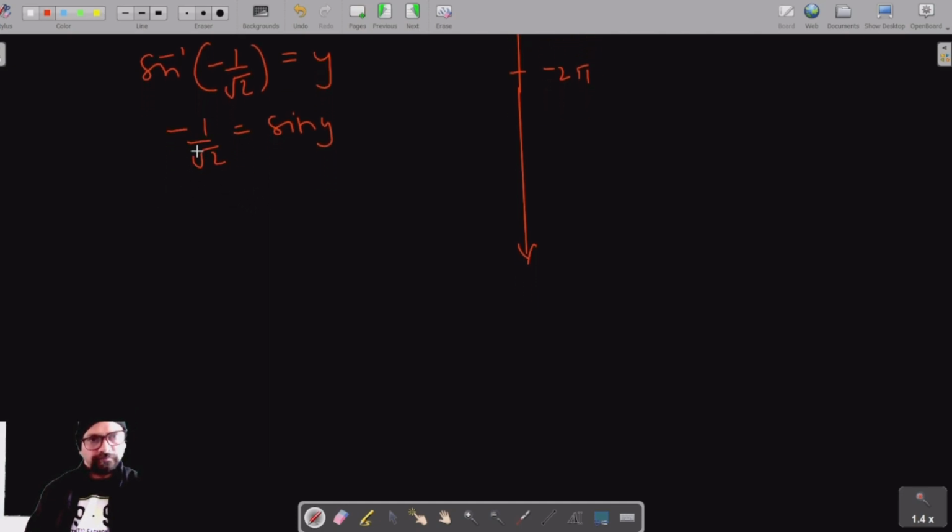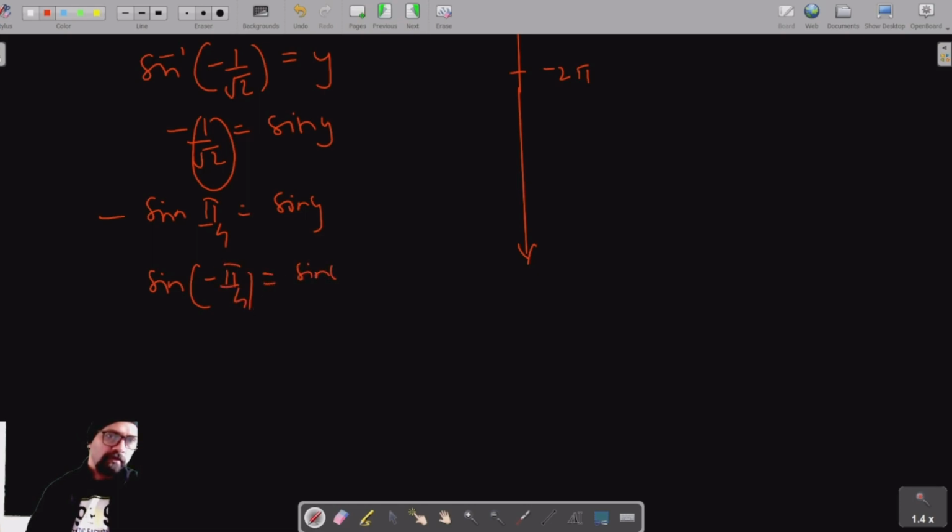And we know that sine is negative, so this is minus sine pi by 4, which is equal to sine y. So this can be written as sine of minus pi by 4 is equal to sine y. Sine gets cancelled. y is equal to minus pi by 4.